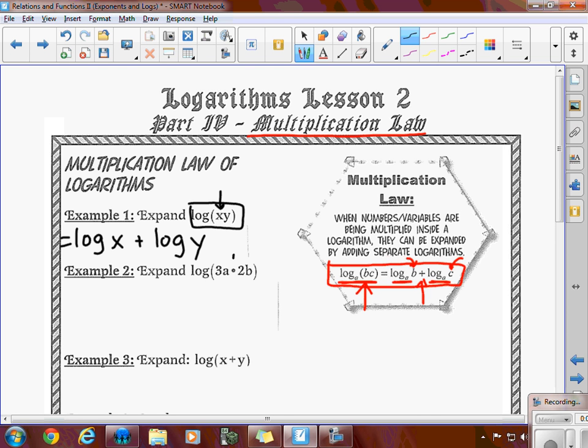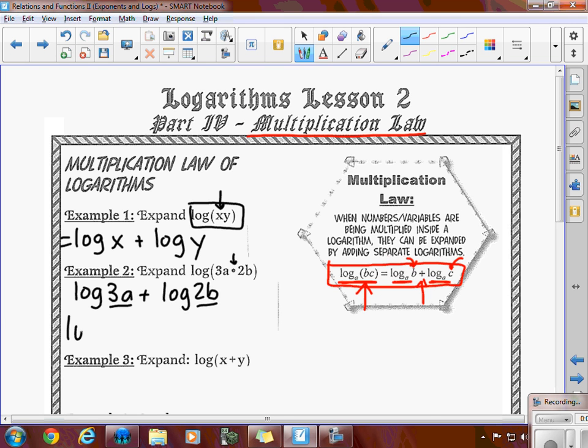The second example isn't any more difficult. We can see that we do have multiplication happening again. So we can separate both of these into log of 3a plus log of 2b. Now that's one separation using the multiplication law of logs, but I can even take it a step further with the 3a and the 2b. That's multiplication as well.